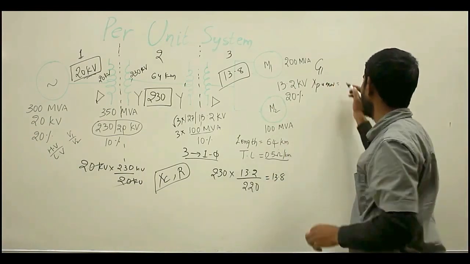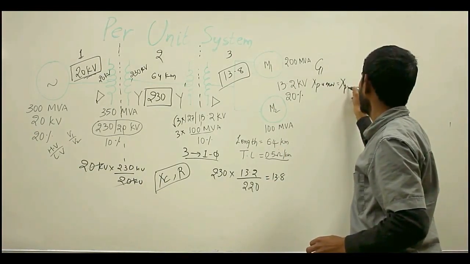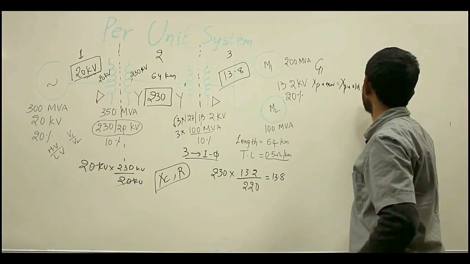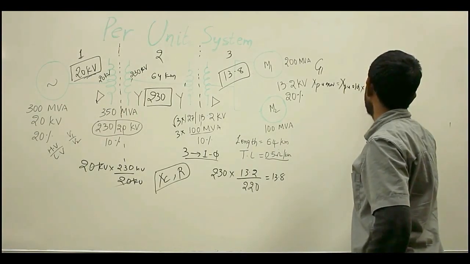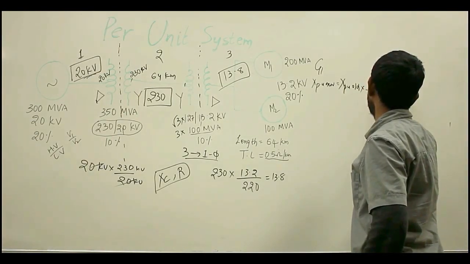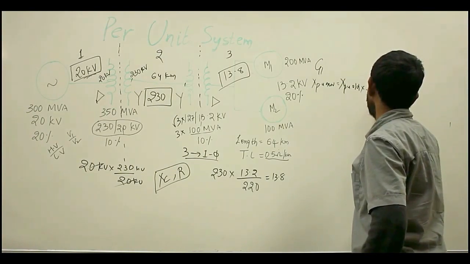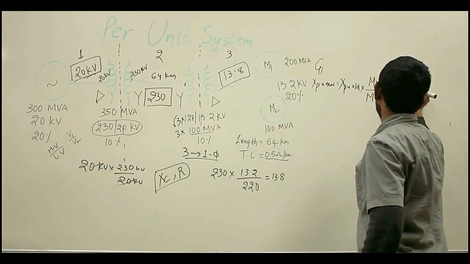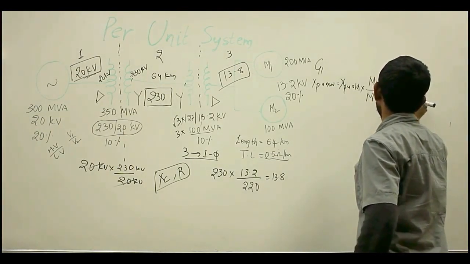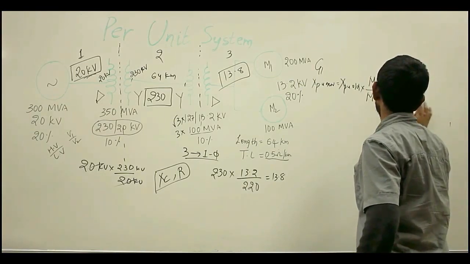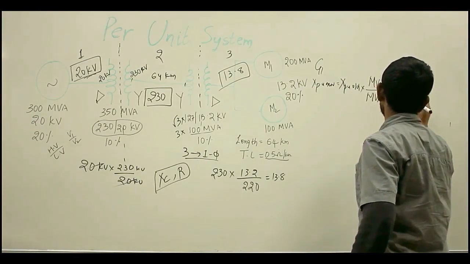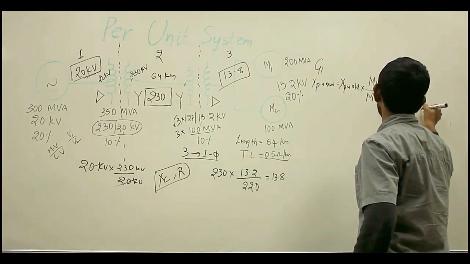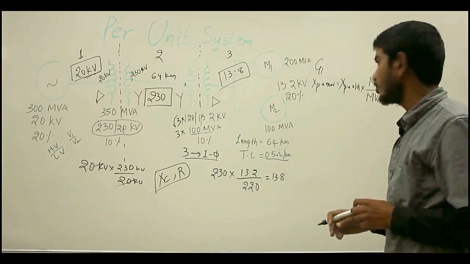So x per unit new will be given by x per unit old into MVA new upon MVA old, into kV old upon kV new, whole square. So this is your x per unit new formula.